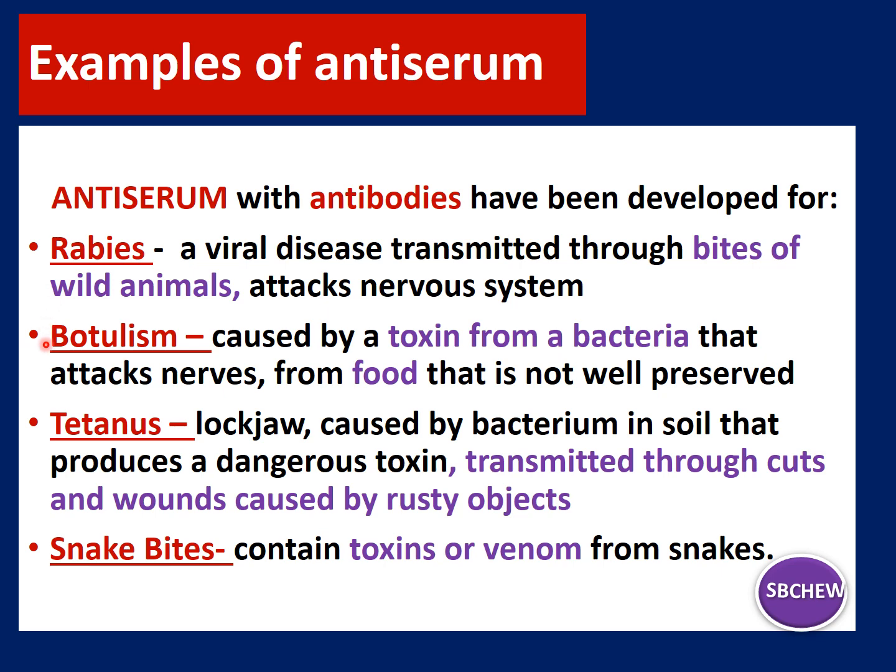Botulism is caused by a toxin from a bacteria that also attacks nerves, and it is transmitted through food that is not well preserved, like canned food that is not well preserved may contain this bacteria which produces the dangerous toxin.